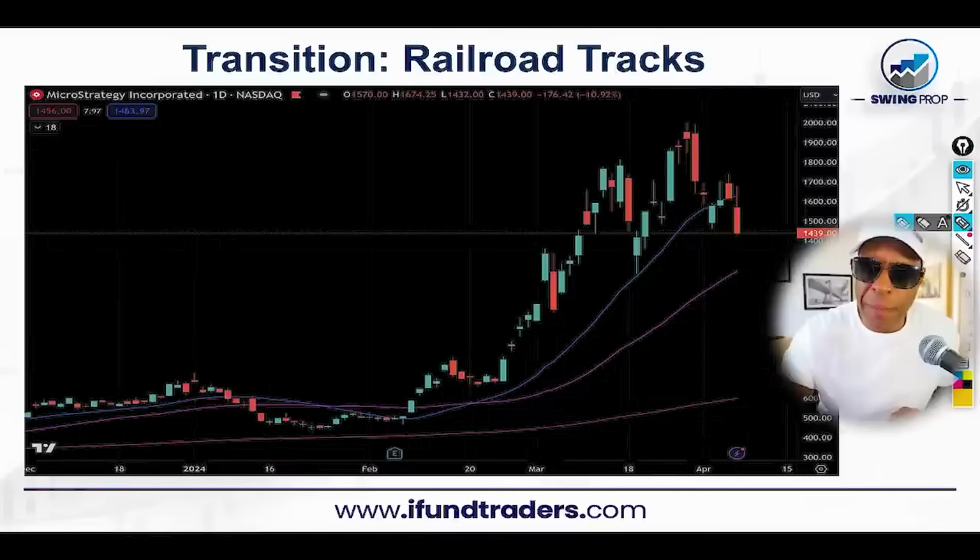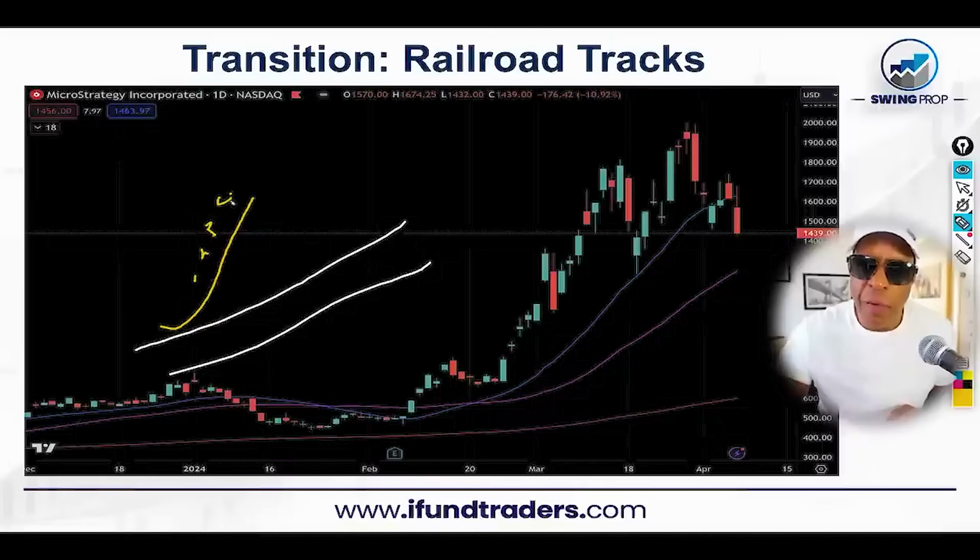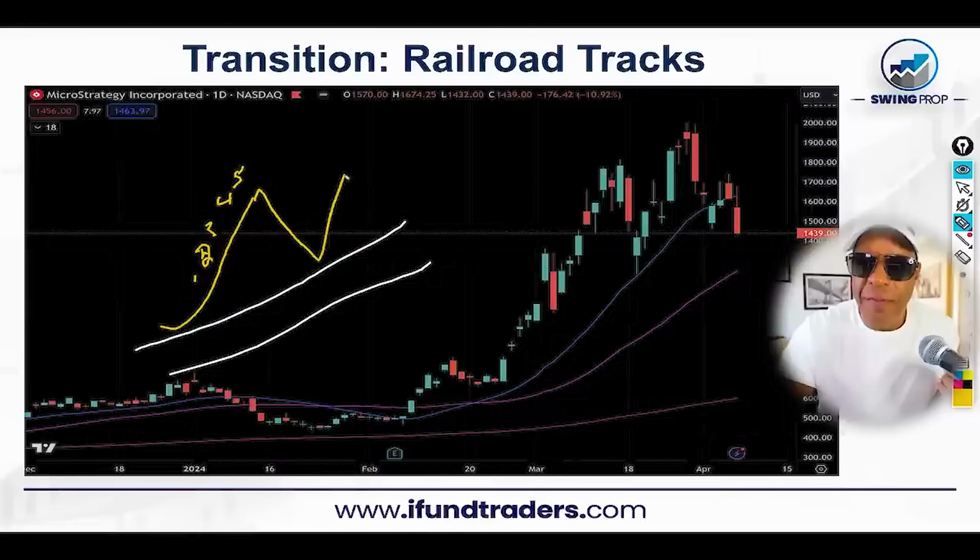So the point I want to drill home is that there are two types. This is going to be your 3 to 5. 1, 2, 3, 4, 5. This is going to be your 3 to 5 bar swing play.